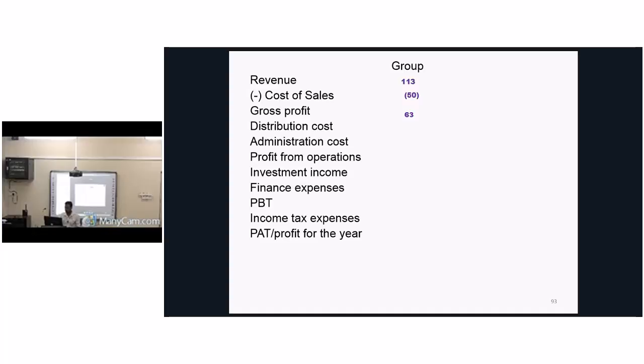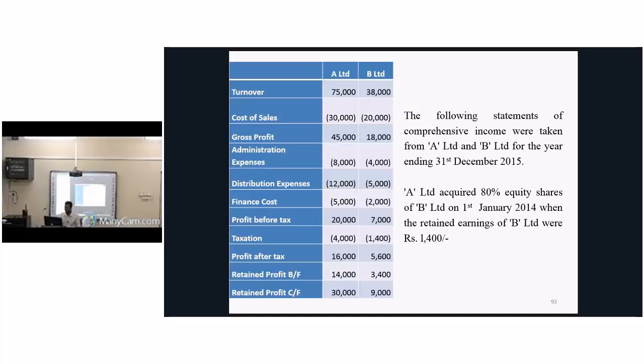Then what about distribution cost? Distribution, administration, everything we can subtract very easily. Finance, shall I take everything together? Okay, I'll take separately. 12, 17, 7.